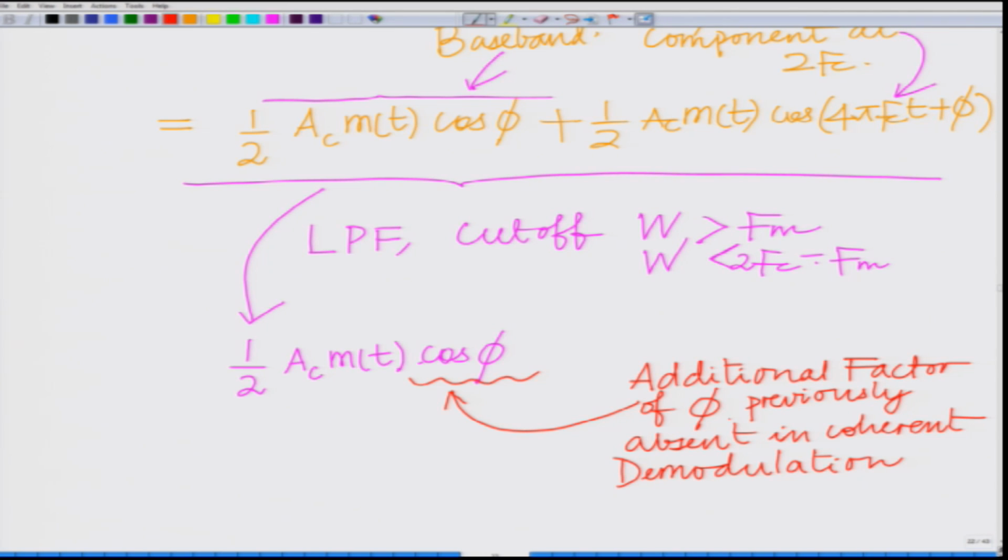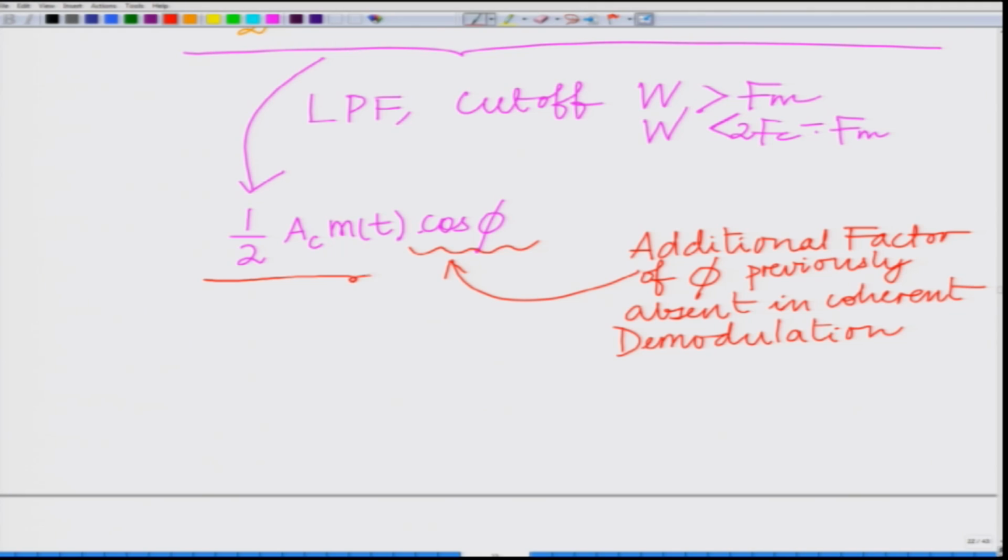Additional factor of phi previously absent in coherent demodulation. Okay, so now we have this additional factor of phi which was previously absent, and now you can see there is a problem because this factor of phi results in the power. Now if you look at this, what is the power of the received signal? Power, not of the received signal, but of the demodulated signal.